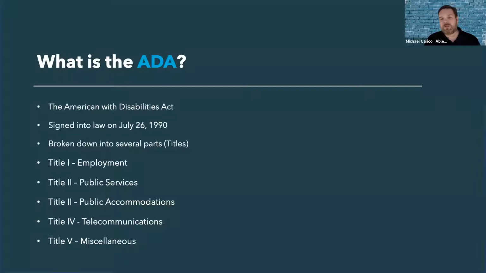Title I talks about employment and lack of discrimination for people due to disabilities in employment. Title II is public services, that's government agencies and those types of things. Title III, it should say instead of Title II, that's a typo, is public accommodations. Title IV is telecommunications, and Title V is miscellaneous provisions in the law. All laws have to have miscellaneous provisions, obviously.